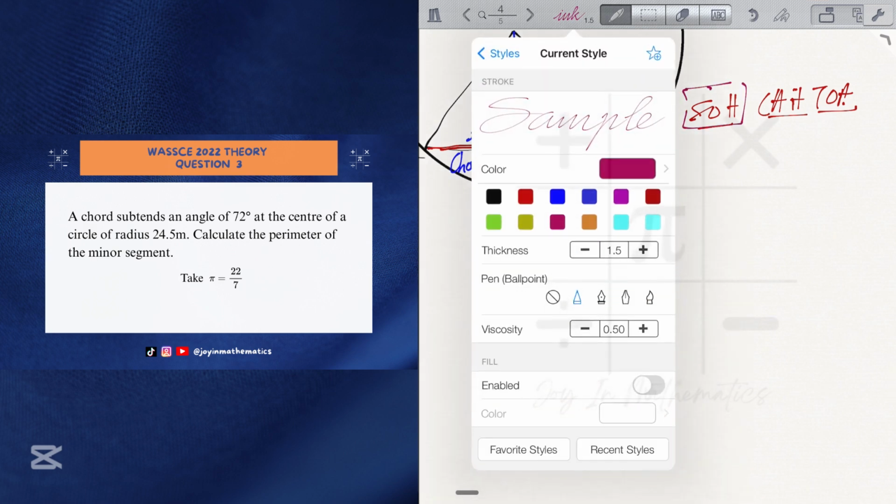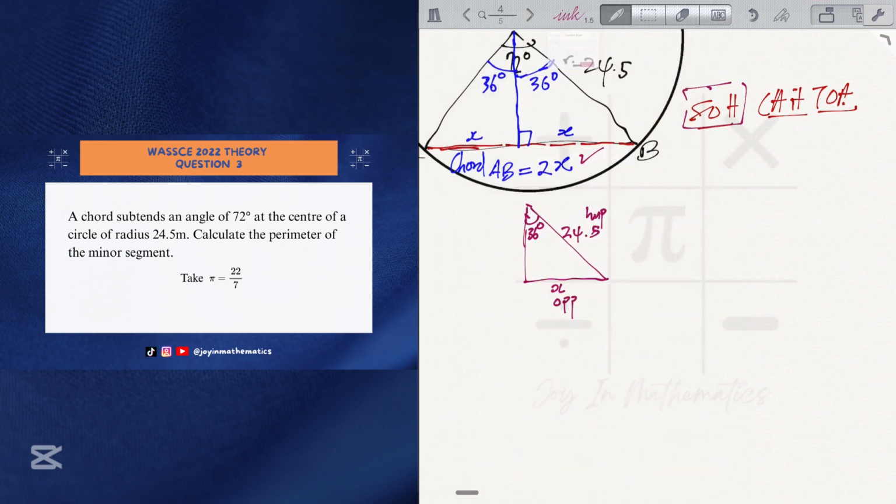So let's apply that. So we have sine theta equals opposite divided by the hypotenuse. Sine theta in this case is not 72 but 36 degrees. So we have sine 36 degrees equals opposite, which is x, divided by the hypotenuse, which is 24.5.